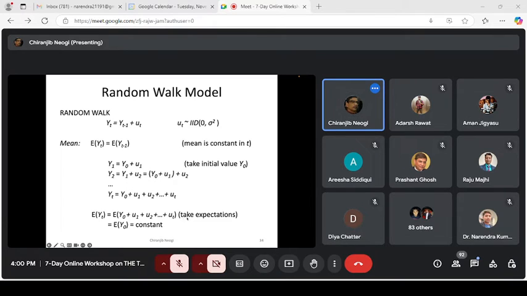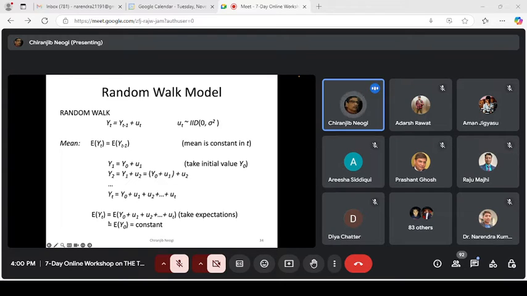If we take the expectations, the expectation of all the ui will be 0. Only the expected value of y0 will remain, which is a constant.